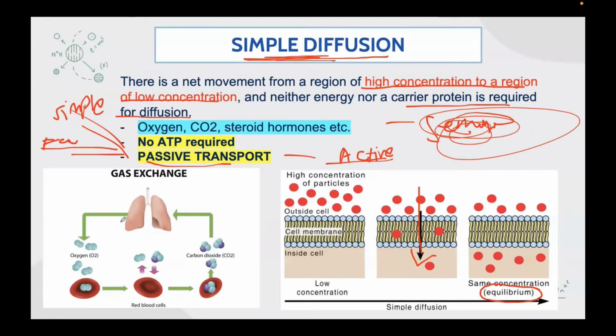And then, the alveoli will diffuse the oxygen going to your blood. Okay, walang ATP na required, adenosine triphosphate, walang energy required. And then, yung blood mo naman, your RBC, can diffuse freely the carbon dioxide going to your lungs. Okay, yun po yung ating simple diffusion.